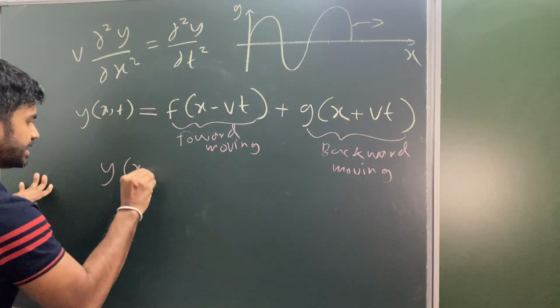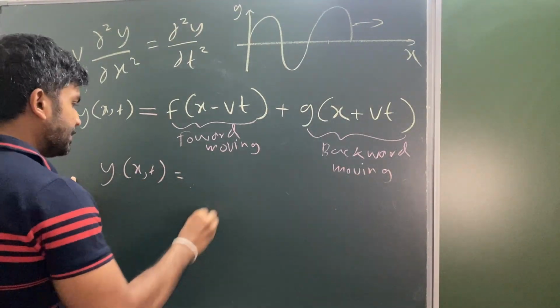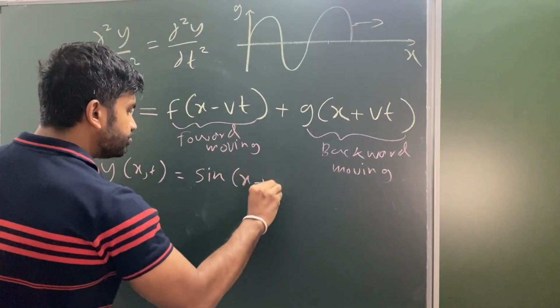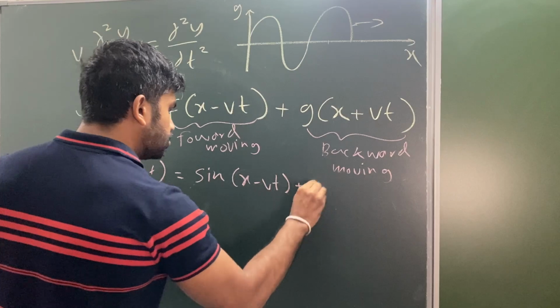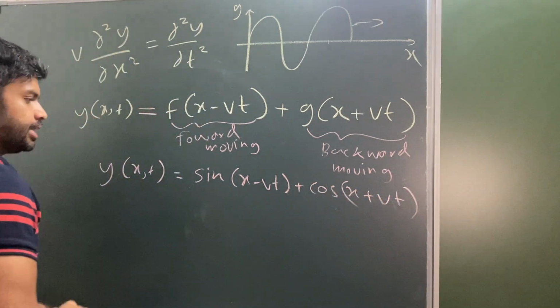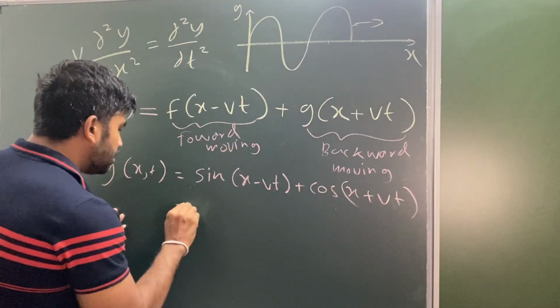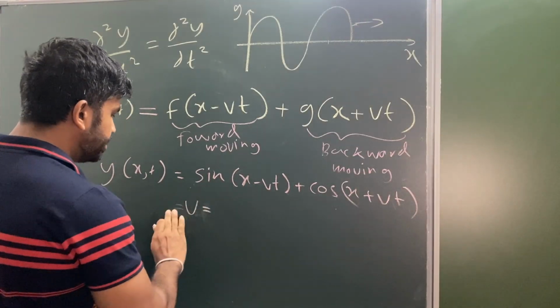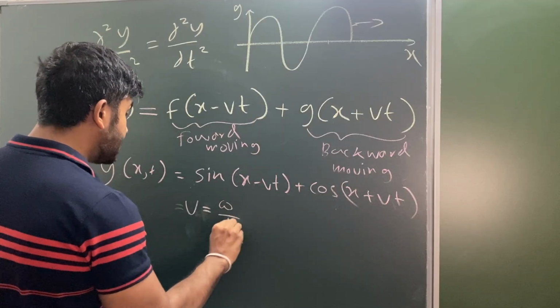Now imagine y(x,t), you have a function like this: sin(x - vt) plus cos(x + vt). Now you already know that we have derived that v is equal to omega over k.